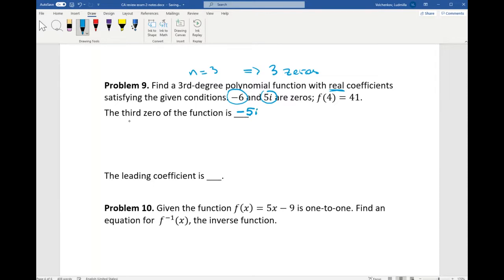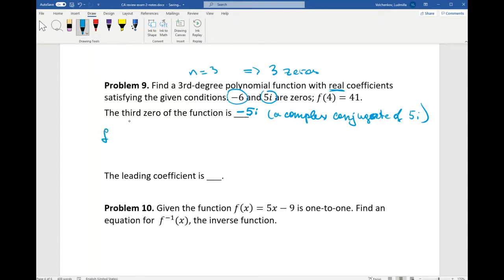The complex conjugate of 5i. Okay, so the third zero will be -5i.